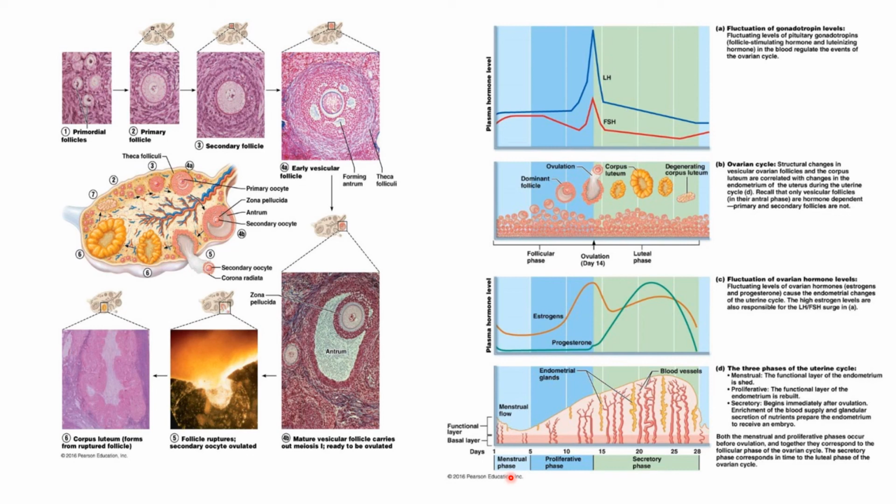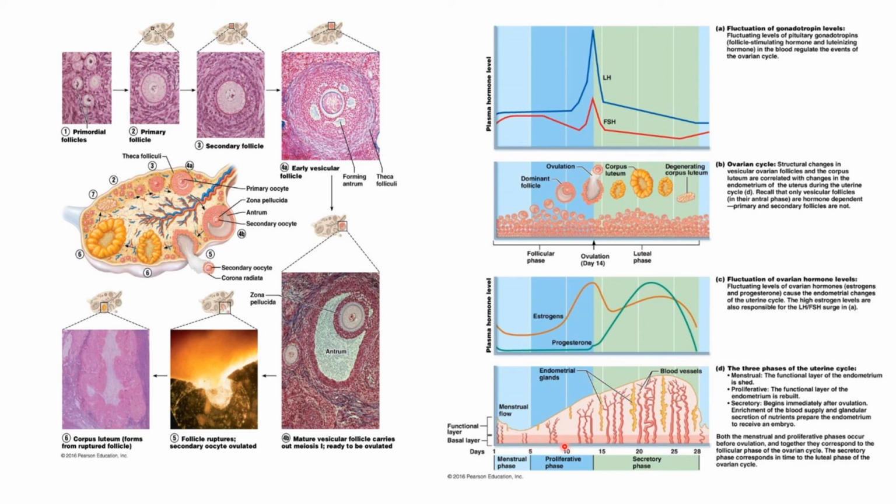The menstrual phase takes place around day 1 to 5, and that's when a female is having her menstrual cycle, and she's shedding part of the endometrium of the uterus. This is when the estrogen and progesterone levels are pretty low, and the FSH and LH are also pretty low.